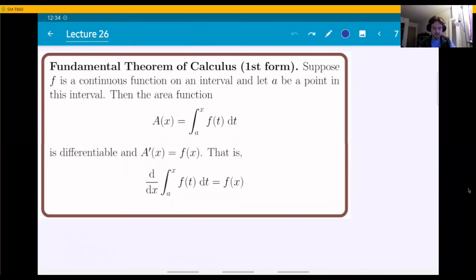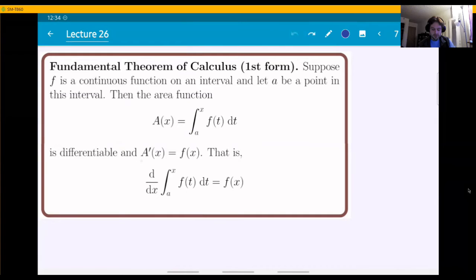Suppose that little f is a continuous function, like the 1 minus 2x that we just had, on an interval, and then let little a be any point in the interval. Like in the problem before, we chose both little a equals 1 and 2. And now consider the area function based at that little a. As it turns out, it is always going to be a differentiable function.